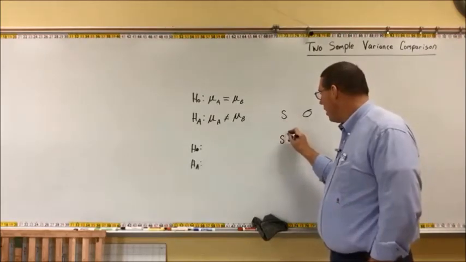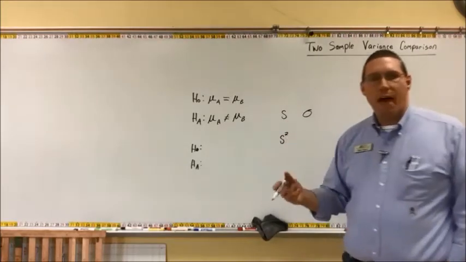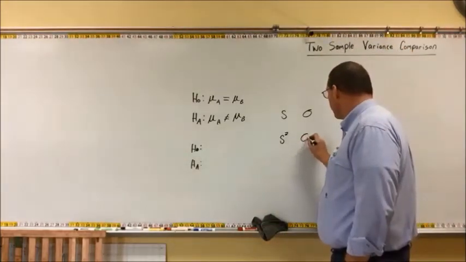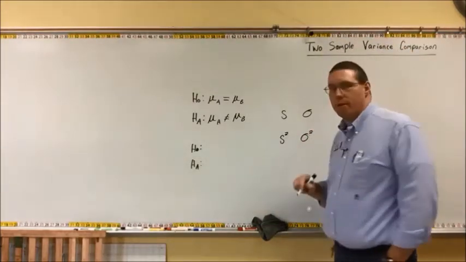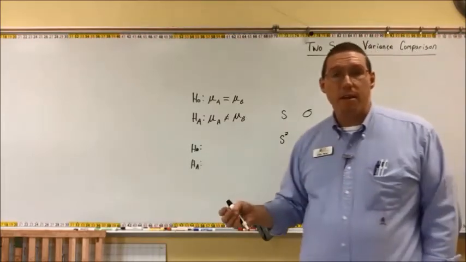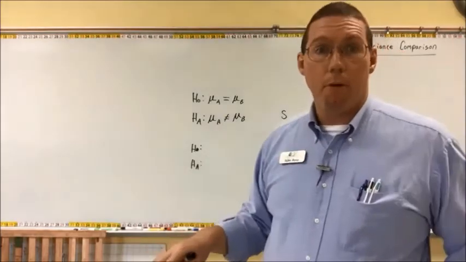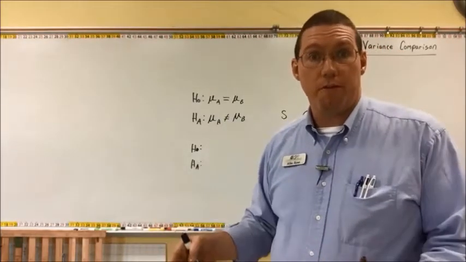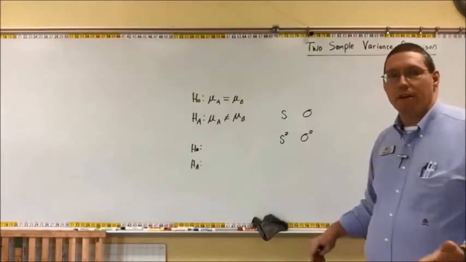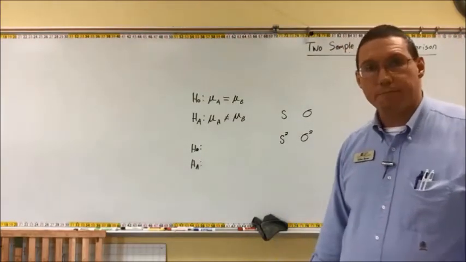So when you see S squared, that means variance. When we see sigma squared, that also means variance. This S squared is the variance of the sample that you have taken, whereas sigma squared is the variance of the population.